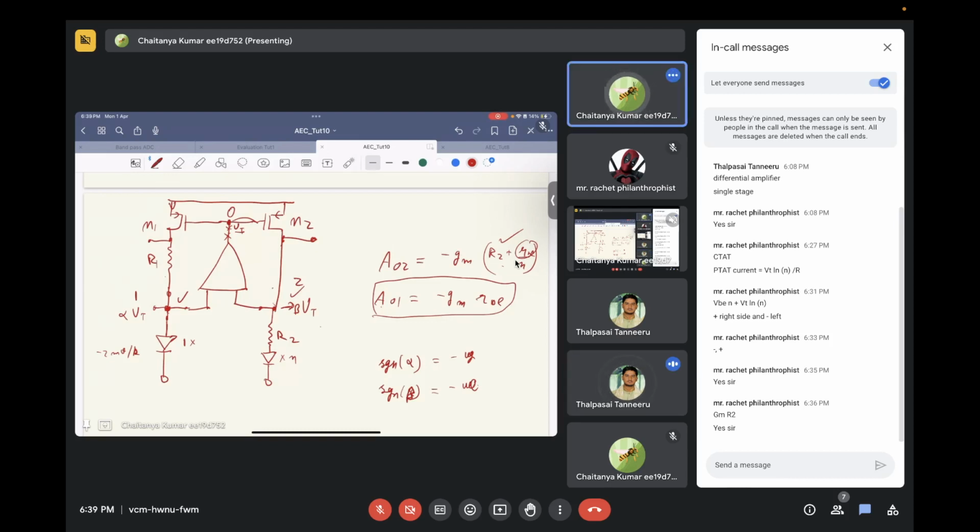If your output O has increased, this will be reducing largely, and this will be reducing by a small quantity.